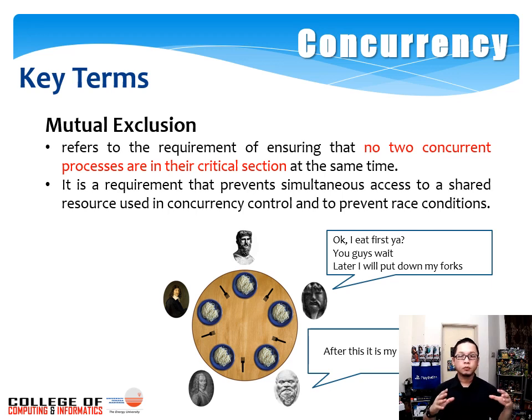So in this mutual exclusion condition, no two concurrent processes are wanting the use of critical resources. It means that, let's say process A, in order to finish, it needs to use this memory or CPU time. So at the same time, the other process cannot also use the CPU and also the memory that is needed by the other process.